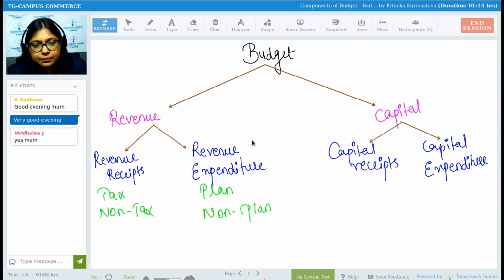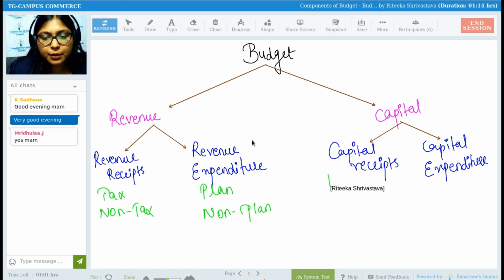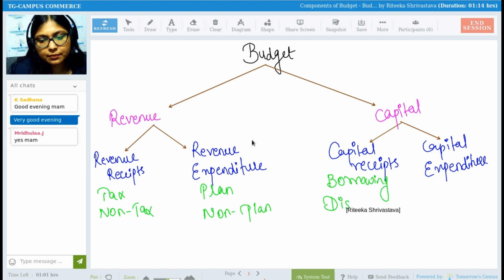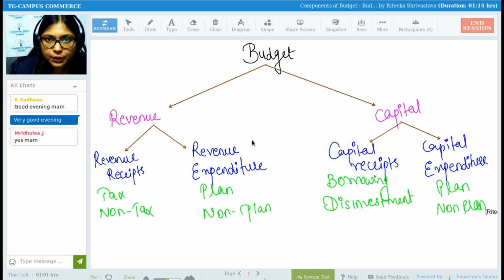Capital receipts, perfect. Borrowing, disinvestment, and capital expenditure again. Planned capital expenditure and non-planned capital expenditure.